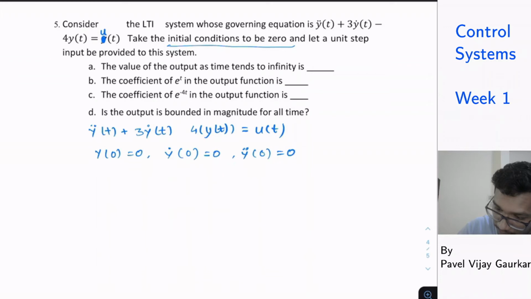So we want to provide a unit step input to this system, and then we want to see how it responds. So when we are taking unit step, that is u of t equals 1, the Laplace transform corresponding to u of t equals 1, which is u of s, is 1 by s.